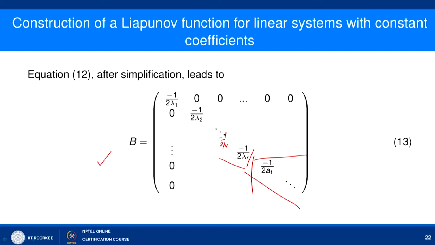So, it is minus 1 upon 2 a1 and again minus 1 upon 2 a1, and then minus 1 upon 2 a2 and again minus 1 upon 2 a2. Here all are distinct. Since they are coming in a pair, we are writing each twice, minus 1 upon 2 a i. Okay. So, here your B is coming out to be this.